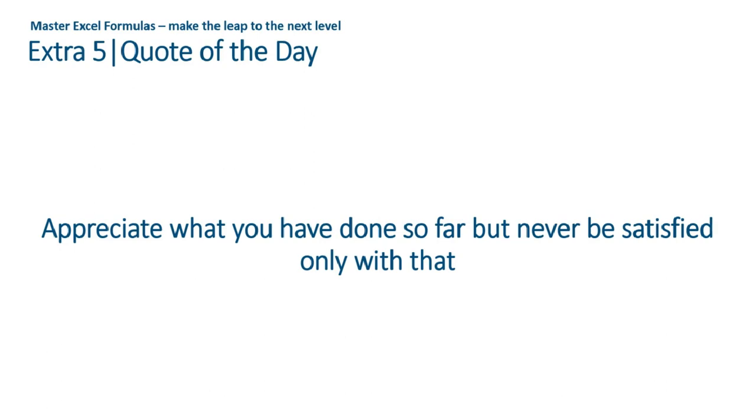So this last part I have named Extra 5, because I have provided 5 different examples of combinations of formulas, some of the most frequently used combinations, really, and how they're used as well, and obviously some further guidance in terms of examples and what else can be learned in terms of the Excel formulas.